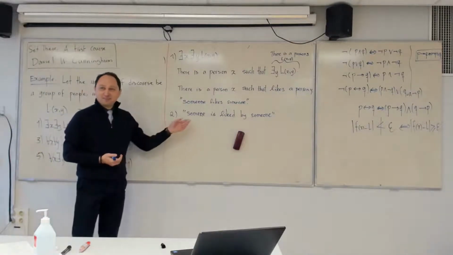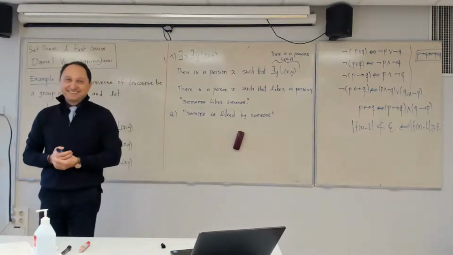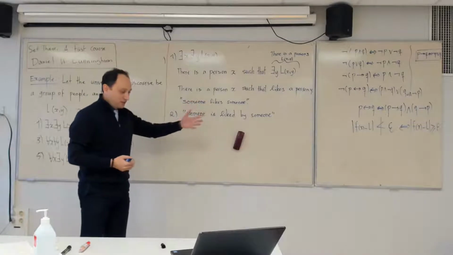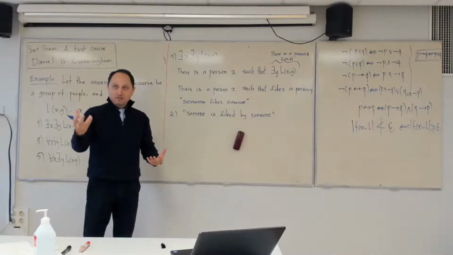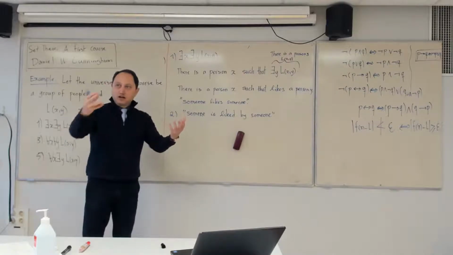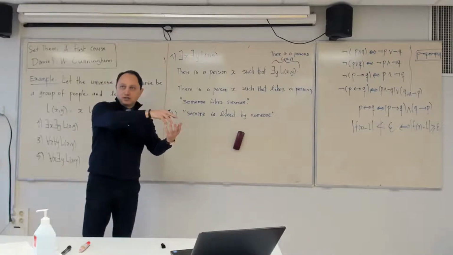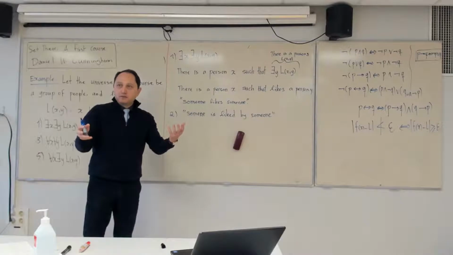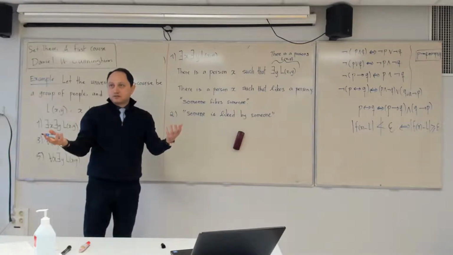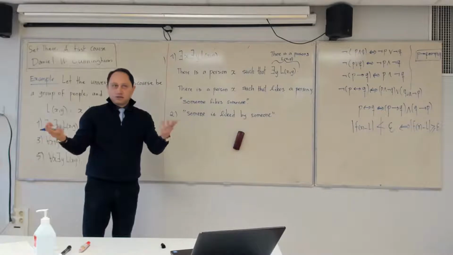You shouldn't doubt your knowledge of English. So when you say someone likes someone, it means that you can find a person here, another person here, so that this person likes that person. Yes? But simultaneously, what happens? This person is liked by this person. Okay? Is that clear or not?